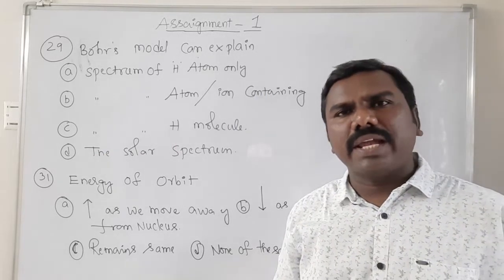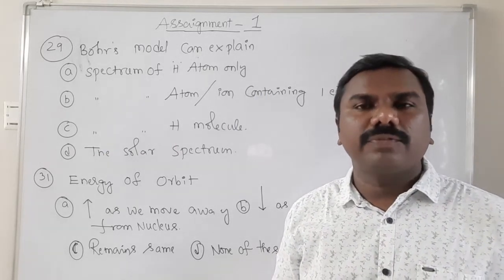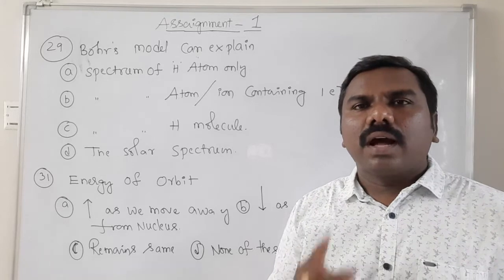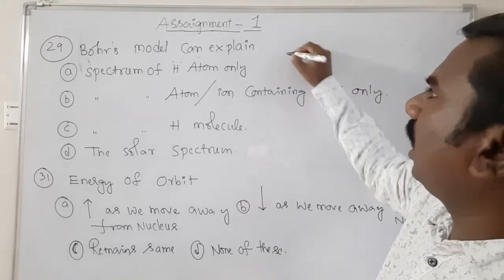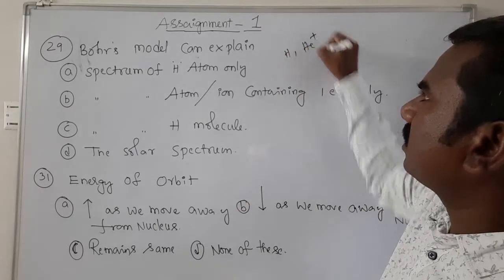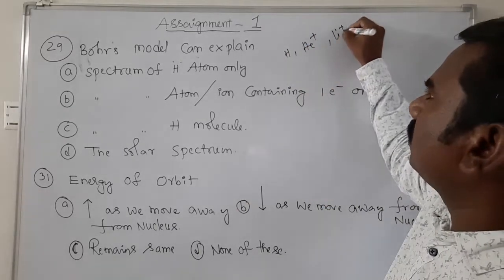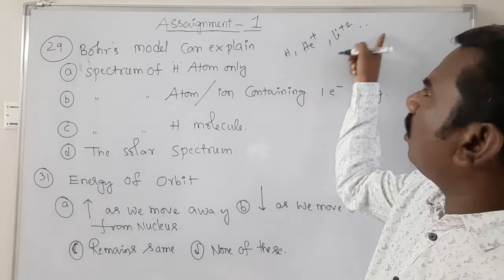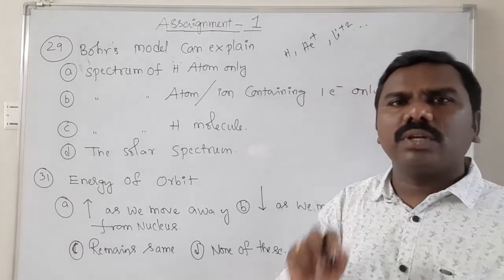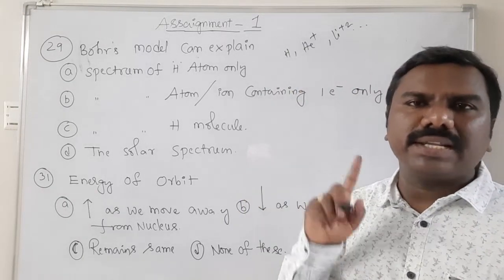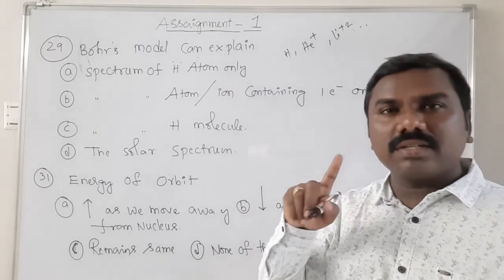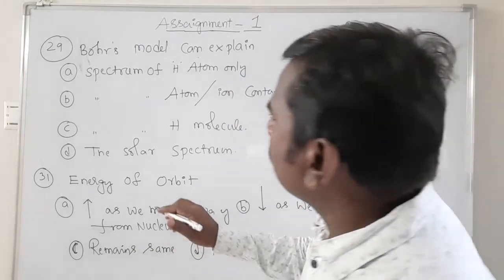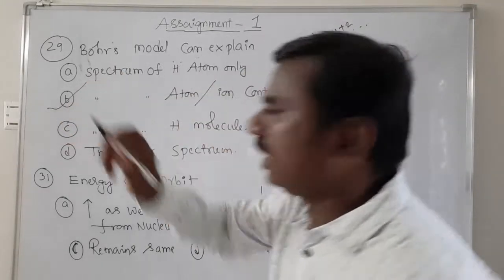Bohr's model can explain the spectrum of an atom or ion containing 1 electron only, like He plus, Li plus 2, etc. All are having 1 electron only. For them only he explained the spectrum, not for the H2 molecule, not for multi-electron species. That is a drawback of Bohr's model. So the right option is option B for this question.